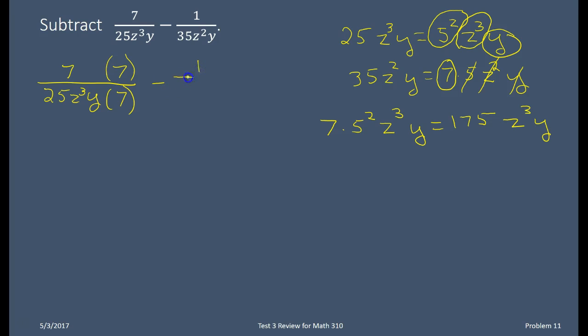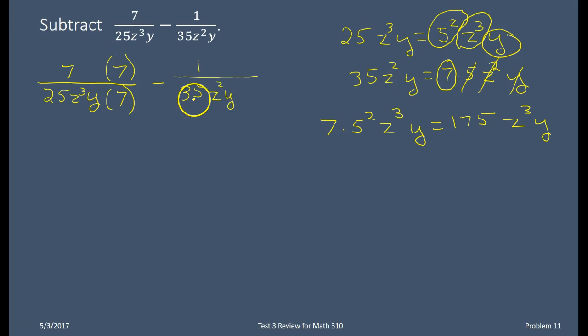Now in the other case, we have 1 over 35. Oh, I didn't do the variables. We already have z cubed y in the first case, so we don't need to do anything about the variables. But in the second case, we only have z squared y.